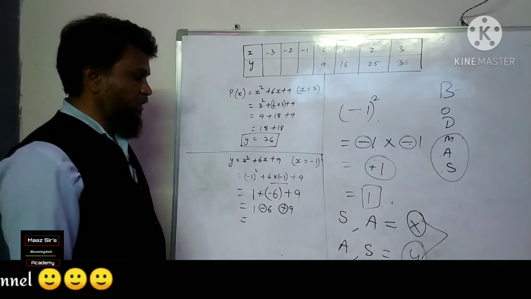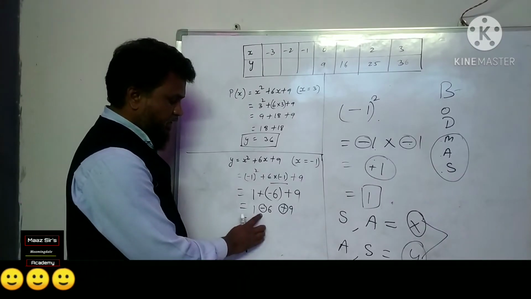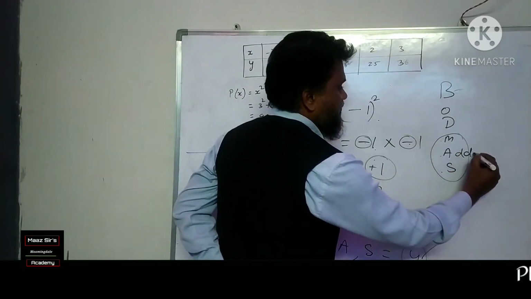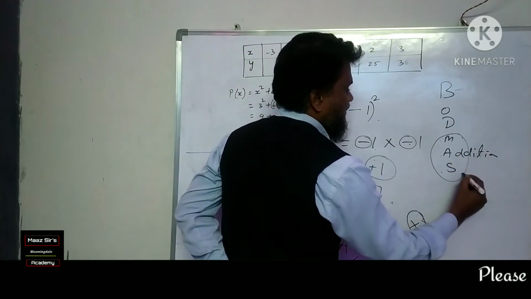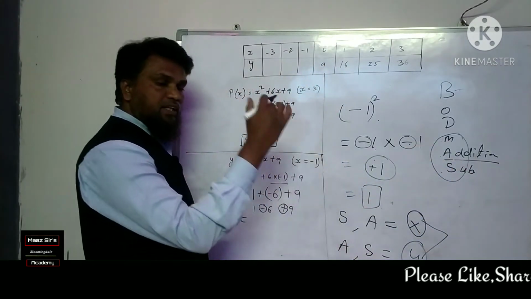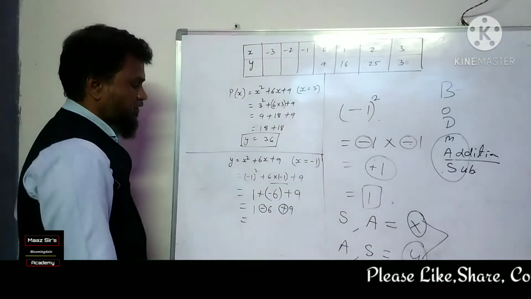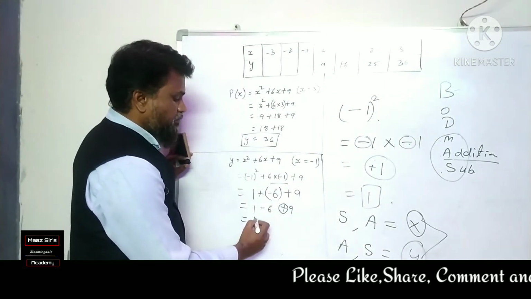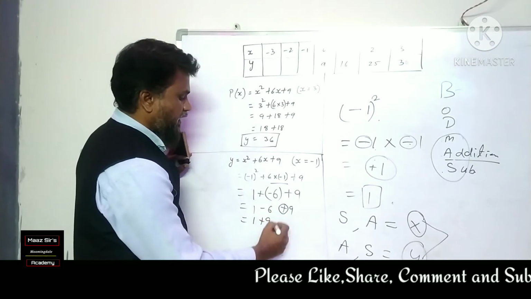So for this we are using the BODMAS rule. So what is the rule here? Here subtraction is there and addition is there. So first addition is coming, then subtraction. So first of all you have to do addition, then afterwards you have to do the subtraction. So now here I am taking plus 1 and plus 9.